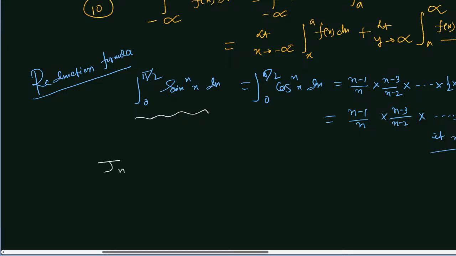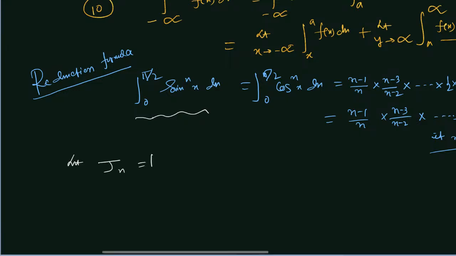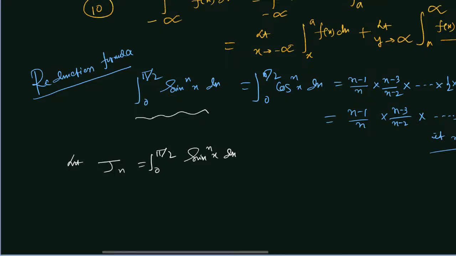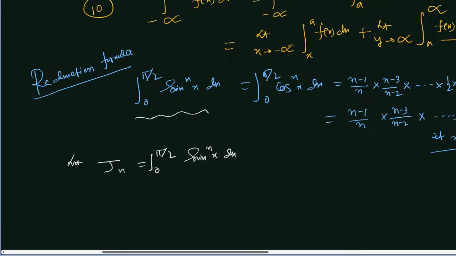Let Jn equal to this. This trick can help you to solve reduction formulas of other functions. I have seen it in one year, that's why it is better to practice, you cannot skip. So let Jn equal to this.